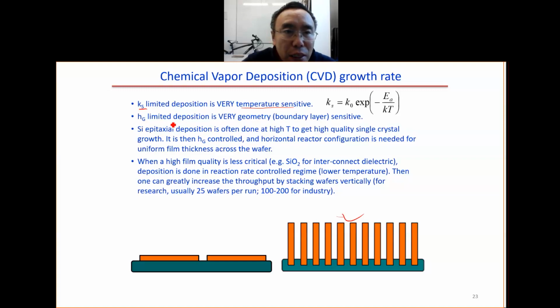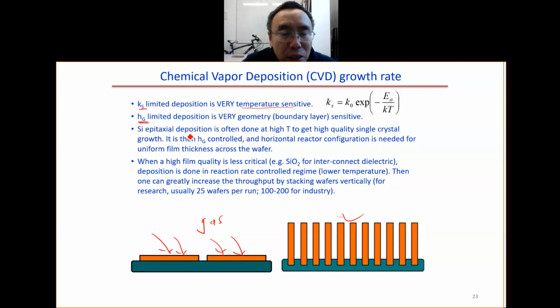Hg limited deposition is very sensitive to the geometry, because this is mass transport. So we have to put the wafer like this, and this way the gas transport to the surface is more uniform. This is the case for Hg limited deposition.